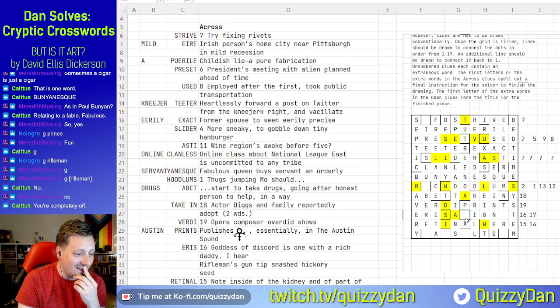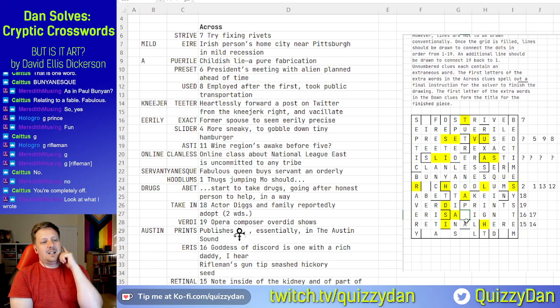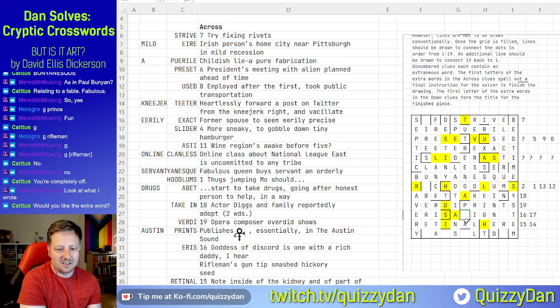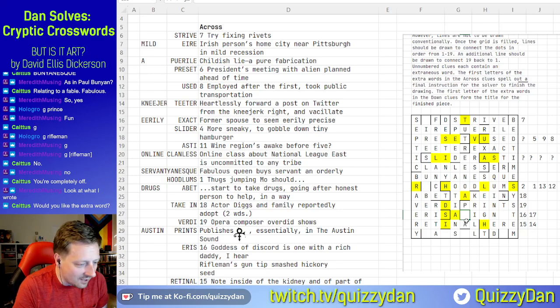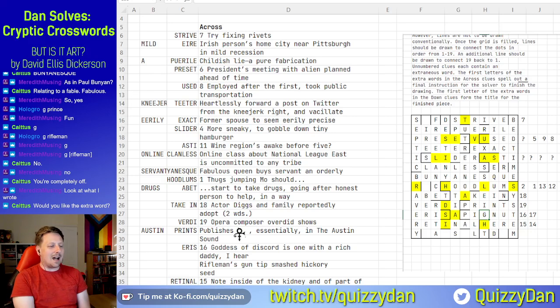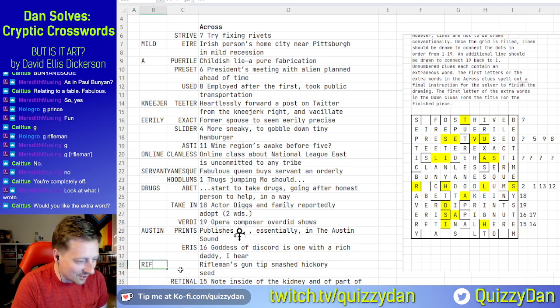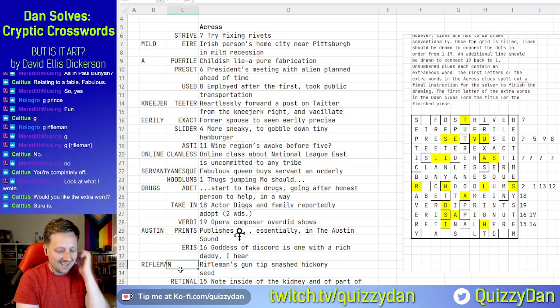No, completely off. Rifleman's gun. Oh, it's an anagram of gun tip. Oh my goodness. Pig nut? And that's a hickory seed. Wow. Rifleman is your extra. That was nowhere near. Pig nut. There we go. It's an anagram of gun tip.